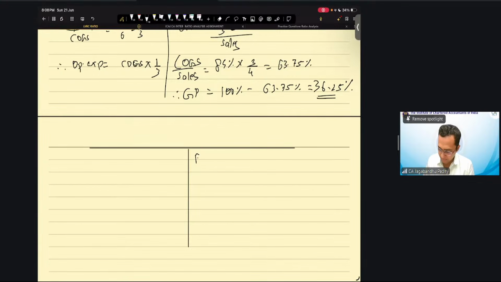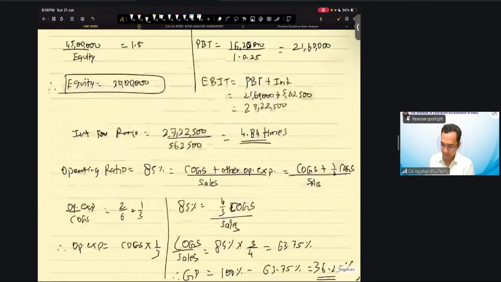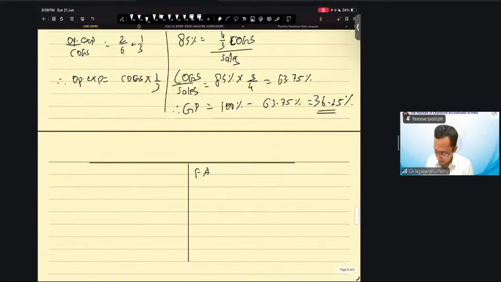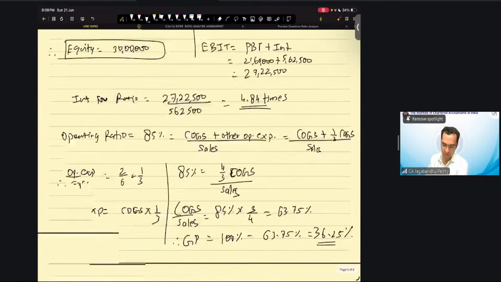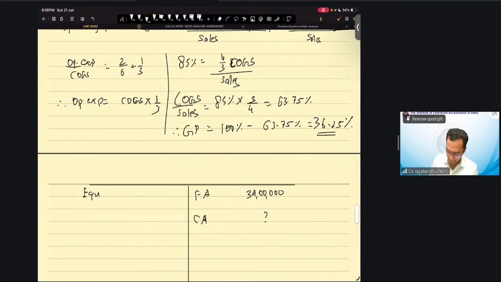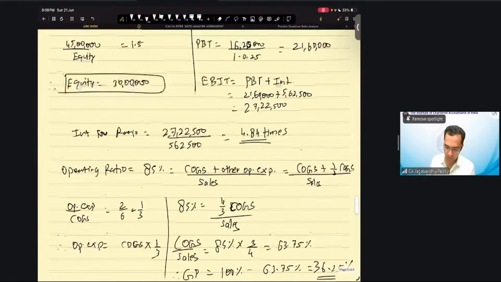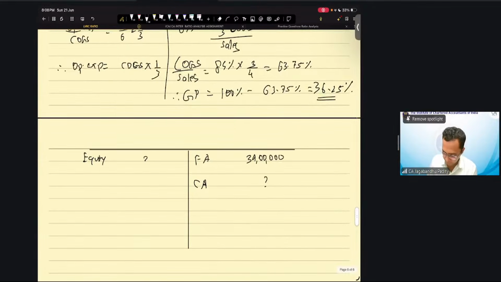So in the balance sheet, we have fixed asset of 39 lakh. Current asset is something we don't know. And then on the other side, we have the equity. Equity is 30 lakhs. We have the debt value given to us.